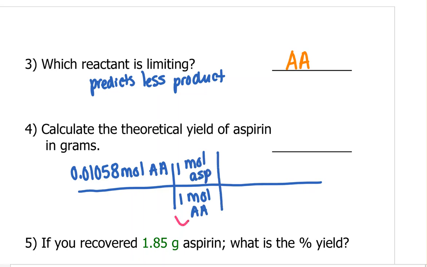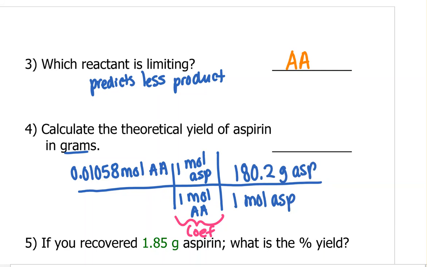And this step is using the coefficients, and this is the part we kind of did in our heads on the other page. But then it asked for the theoretical yield in grams, so I'm going to do another step. And this step is the molar mass of aspirin that I'm using.